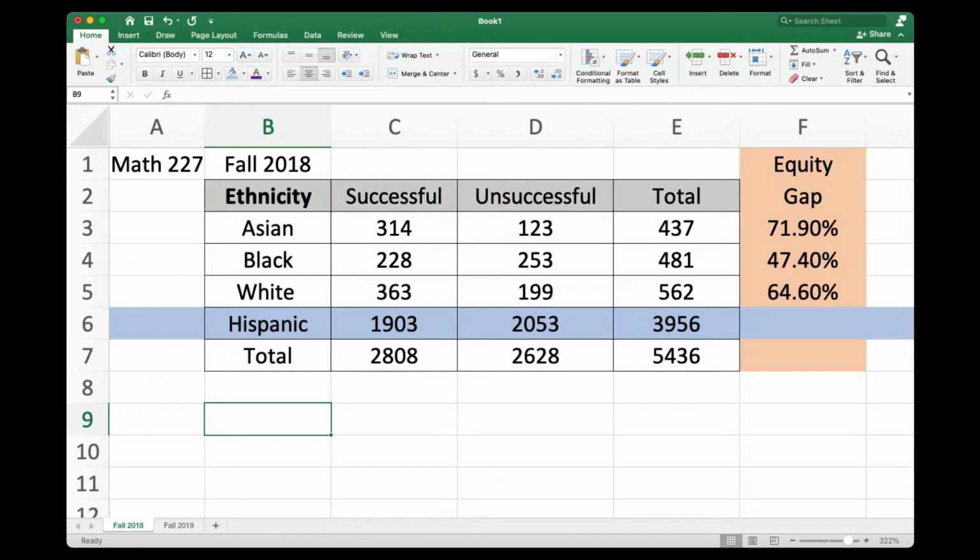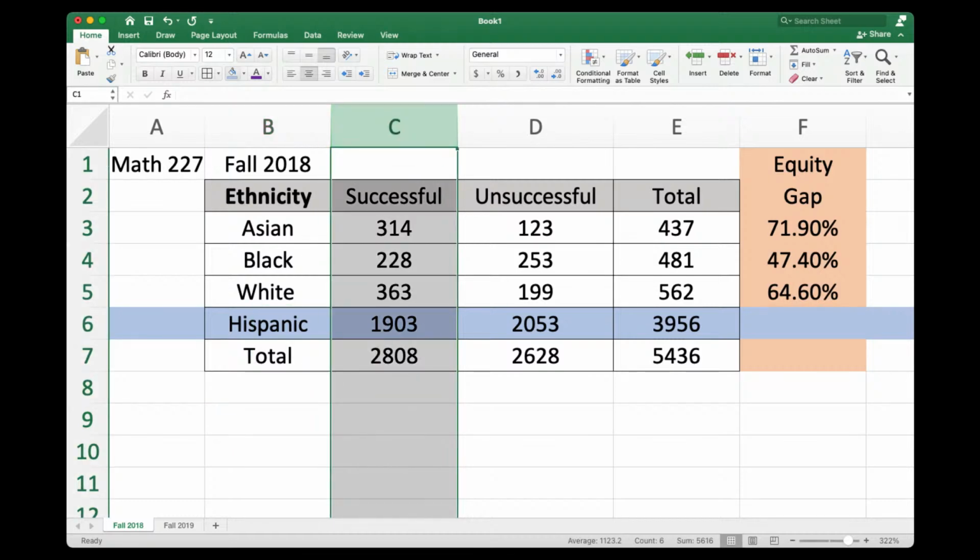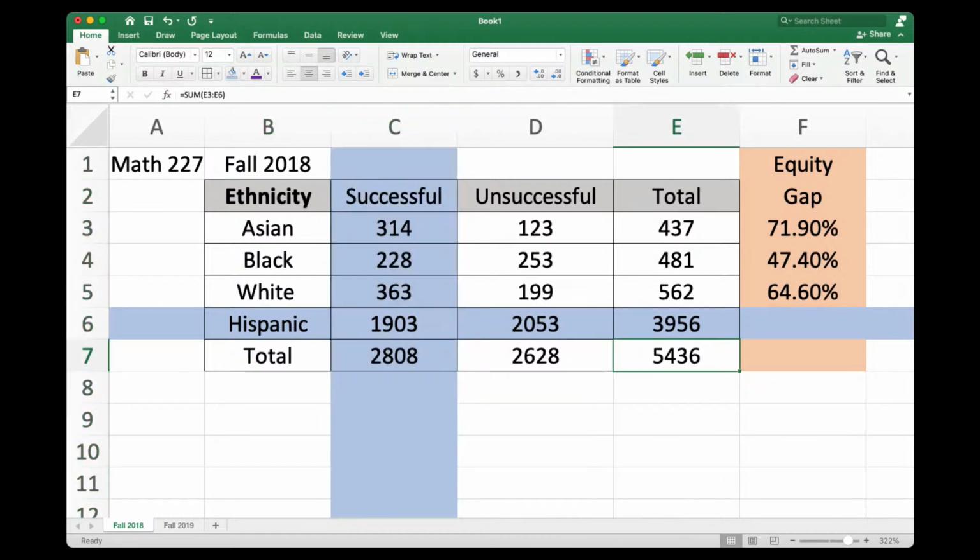You guys see my point? There's a lot more Hispanics than the others. And so if we say, okay, 3,956, how many Hispanics were successful? 1,903. Do you guys see that there? Okay, you guys okay with that?